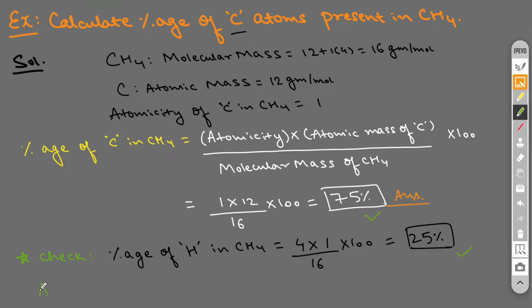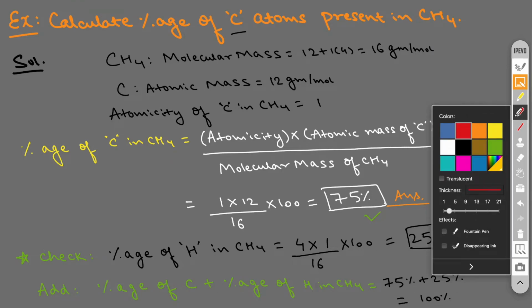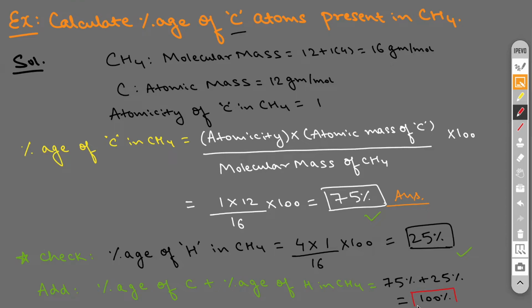So now we'll simply add these two values. Add percentage of C and percentage of H in CH4, right? On adding we'll get 75% plus 25%, which is 100%. So if the summation comes out to be 100%, means the calculated value is correct. Our answer is correct here, right?